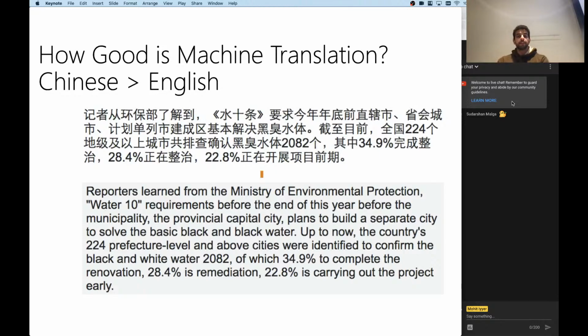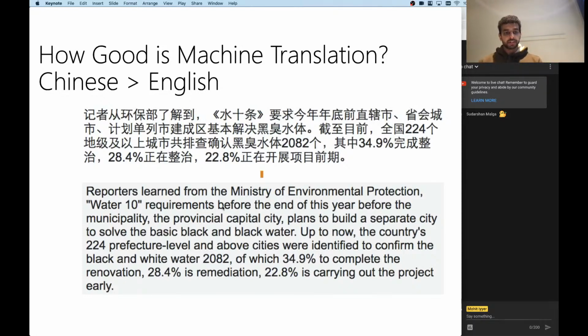Okay, so let's focus on machine translation. You might think, how do I evaluate a system like Google Translate? So if you look at this example here, it's Chinese to English translation. Here's the Chinese. Here is the output translation.